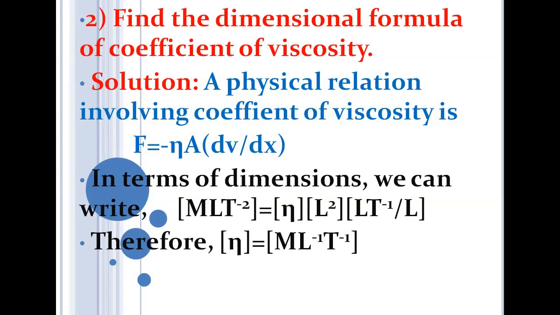This is the dimensional formula for the coefficient of viscosity, and the coefficient of viscosity has the dimension 1 in mass, minus 1 in length, and minus 1 in time. So ML^-1 T^-1 is called the dimensional formula of the coefficient of viscosity.